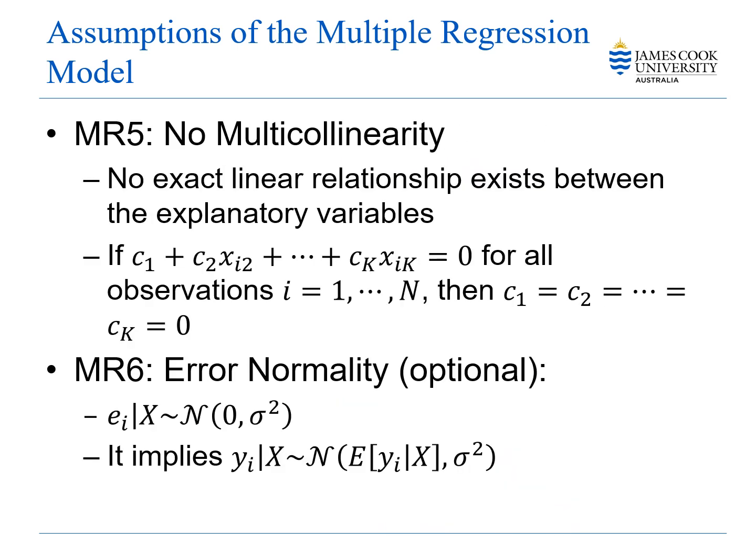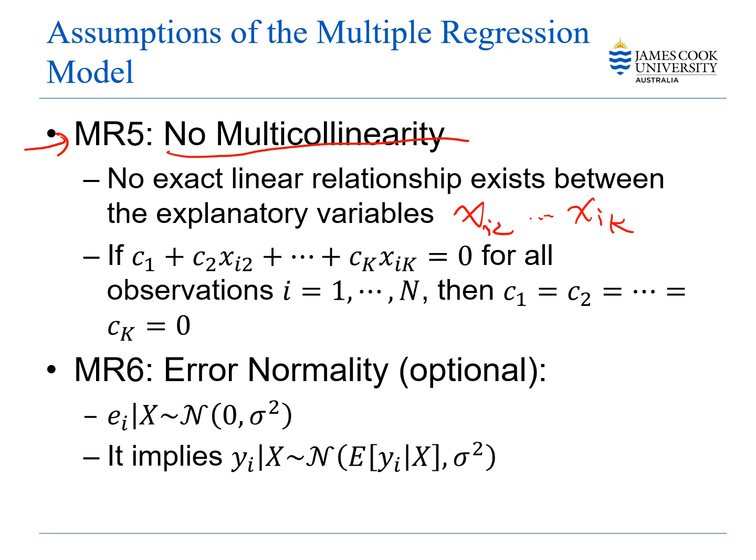Okay, MR5. This is slightly different from the simple regression model. No multicollinearity. It says that no exact linear relationship exists between the explanatory variables. So now we have more than one explanatory variable.